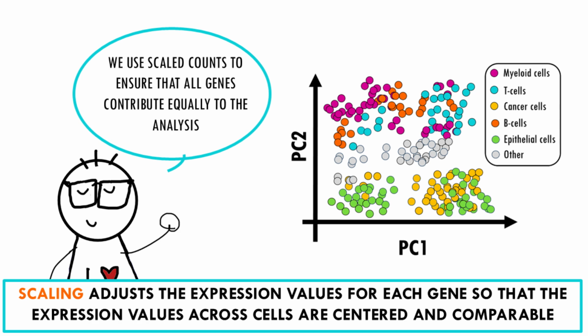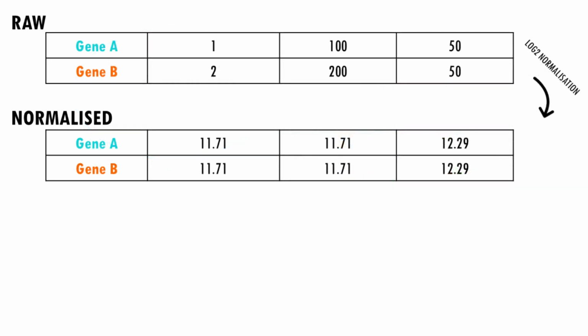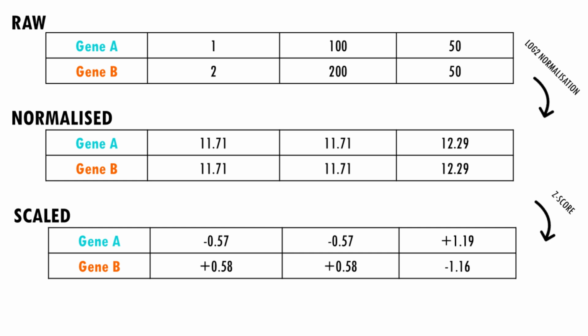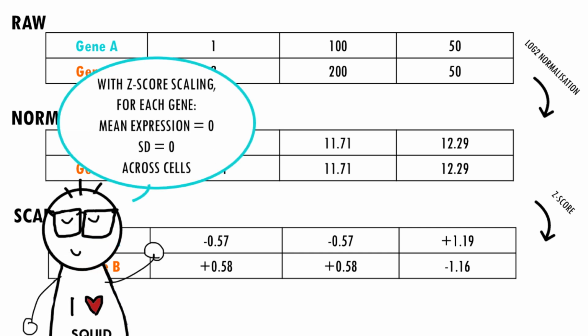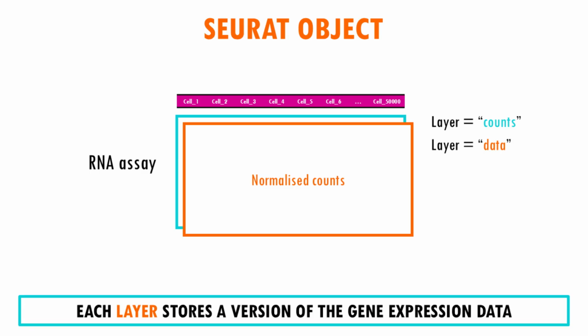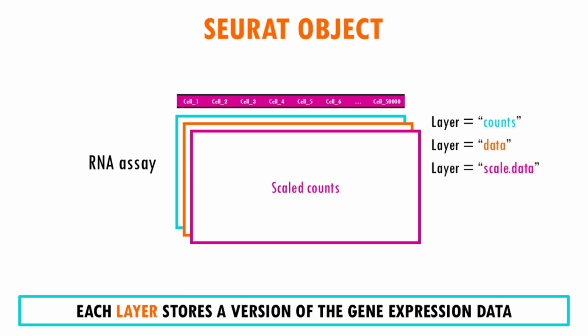For each gene, we subtract the mean expression across all cells and divide by the standard deviation. This results in a scaled expression value that has a mean of 0 and a standard deviation of 1 across all cells. This process makes the data centered and scaled so that each gene will contribute equally to the analysis. The scaled data is stored in the layer scale.data.